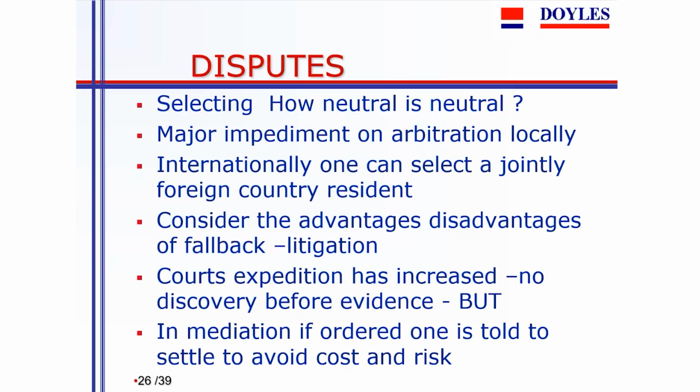Internationally, arbitration, if you're importing something from China and you want to get some sort of dispute resolution process that's practical and sensible, then the situation is you can select a jointly foreign country resident. So if you're having a dispute with China, you might accept somebody from Singapore, or you might accept someone from France. So somebody who's neutral, won't have associations, can often deliver an invaluable adjudication in international contract.